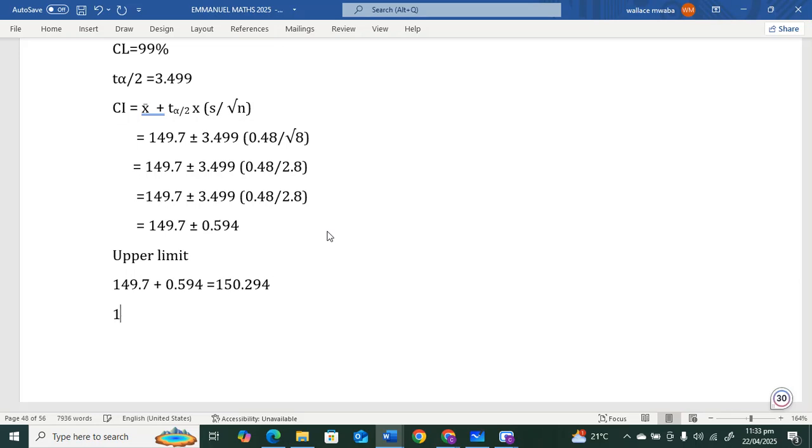For our lower limit, we say 149.7 minus 0.594. What do we get?